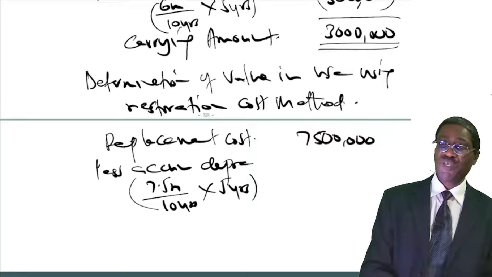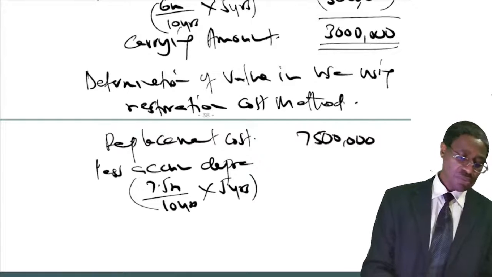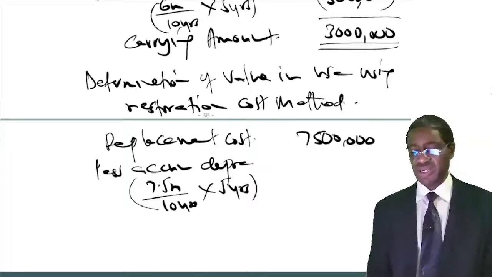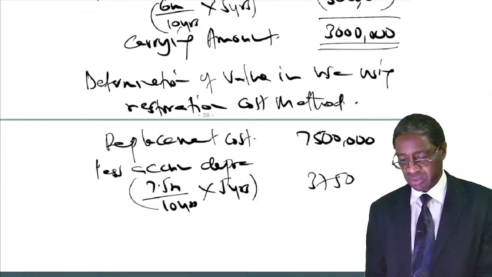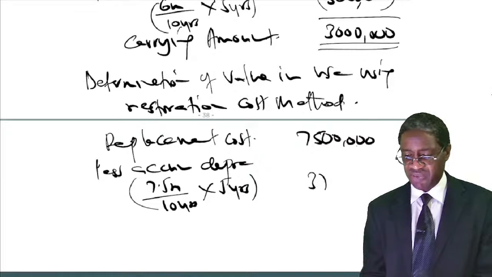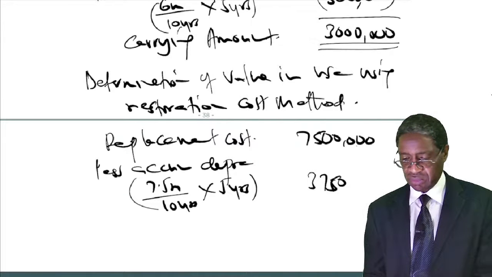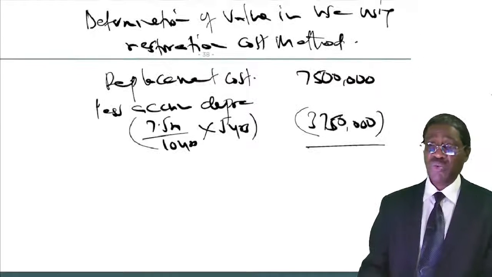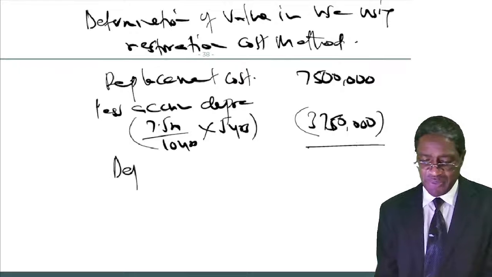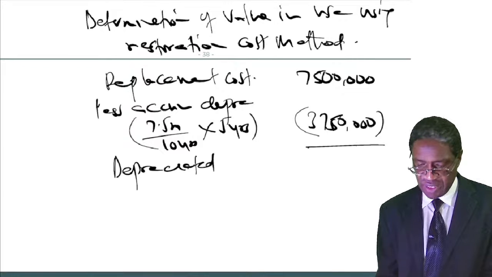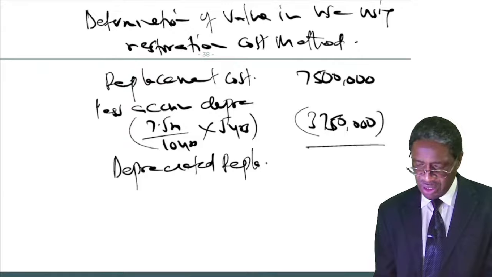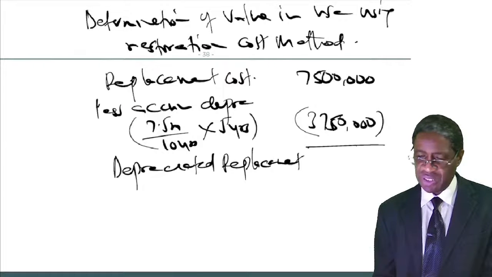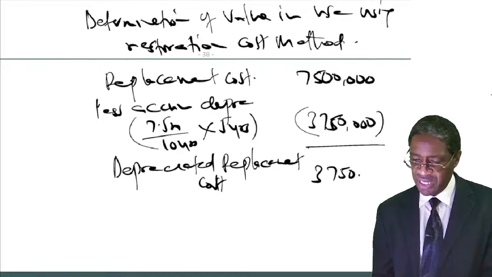What's half of 7.5? It's 3,750,000. Which leaves me with what we are calling the depreciated replacement cost. That is another 3,750,000.